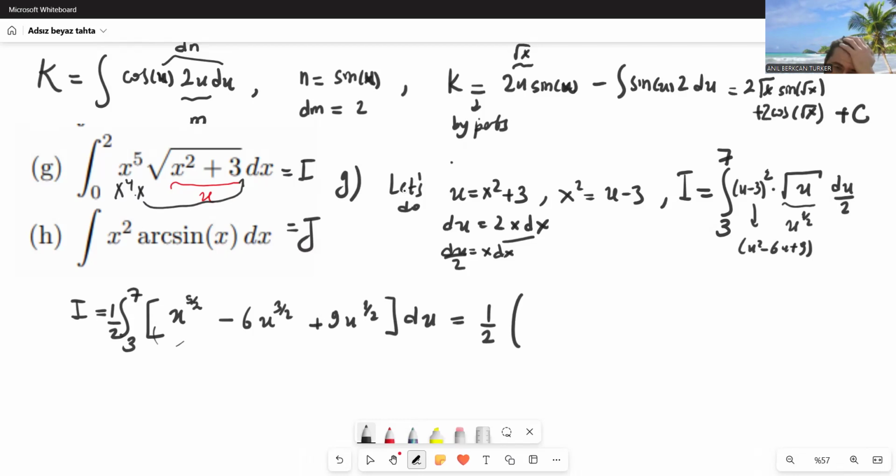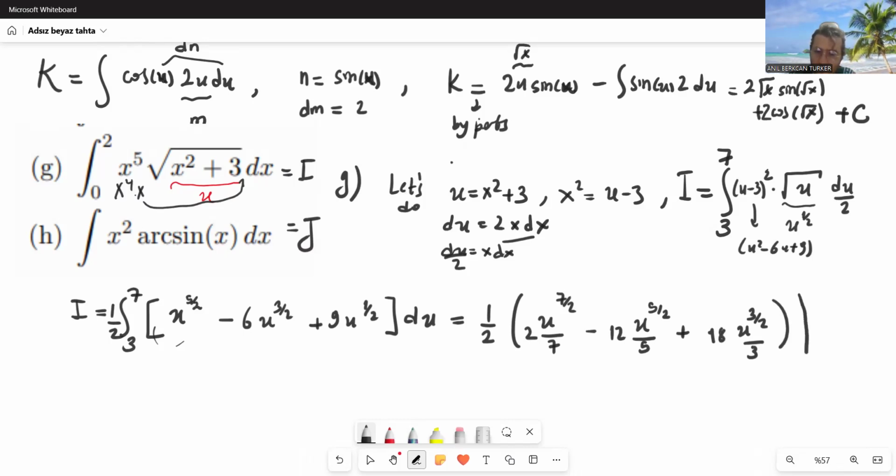It's just increase the power by 1 and divide by this increased power. So it is just u to the power 7 over 2 over 7 over 2, minus u to the power 5 over 2 over 5 over 2 times 6, plus u to the power 3 over 2 over 3 over 2 times 9.